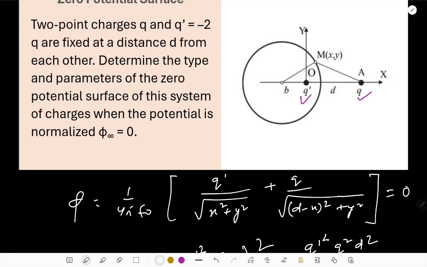What I'm trying to tell you is that the coordinate of this point is minus d by 3, so this distance simply is d by 3 and the radius is 2d by 3. Mere calculations are involved in this problem, nothing else.